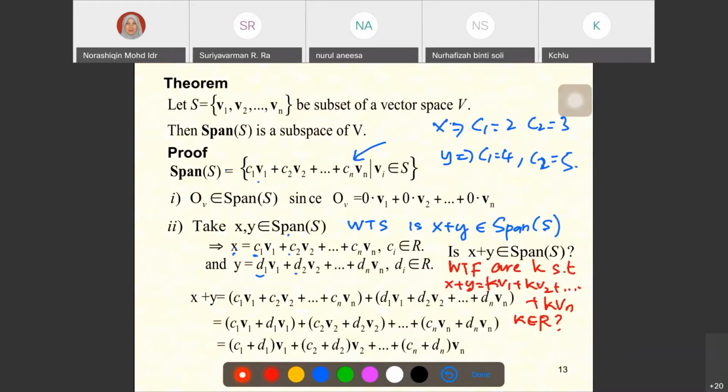But what is C1 plus D1? C1 is real, D1 is real, so C1 plus D1 is also real. So I can put C1 plus D1 equal to K1. C2 is real, D2 is real, so I can put C2 plus D2 as K2, and so on.